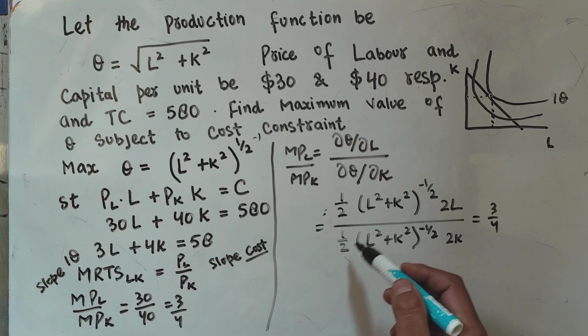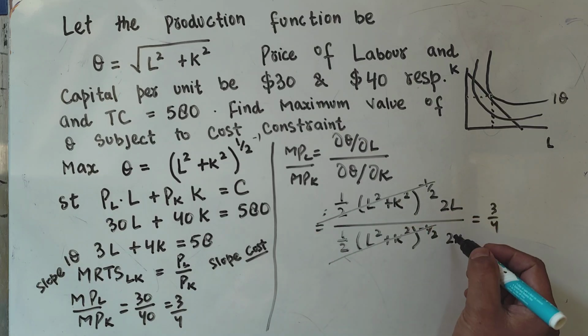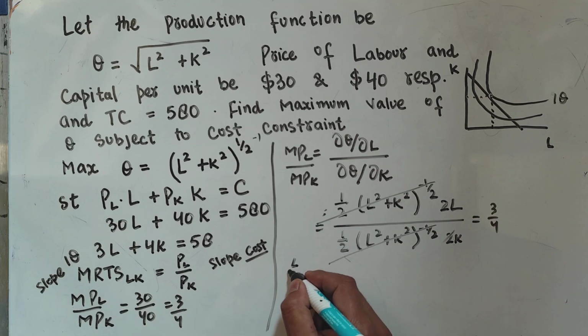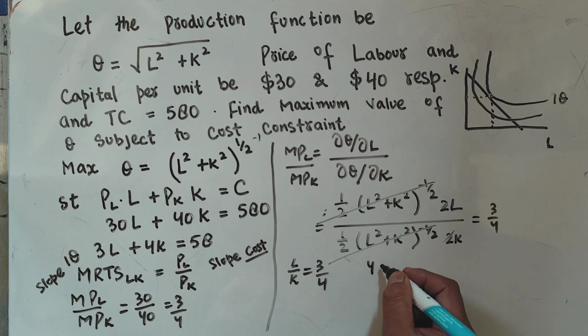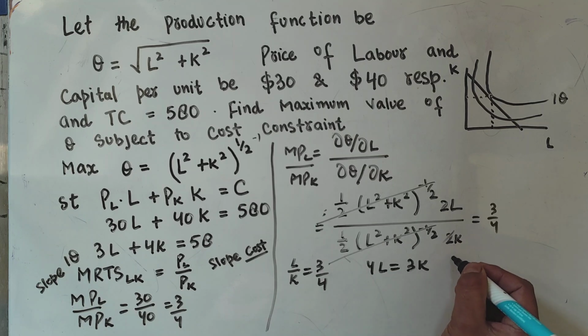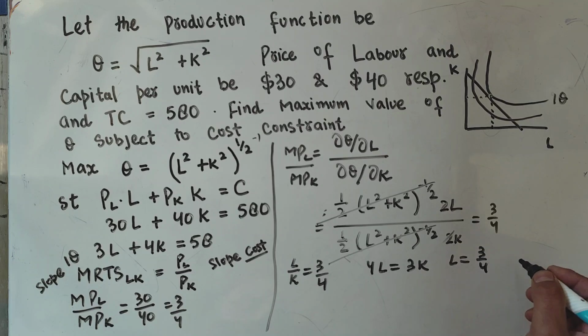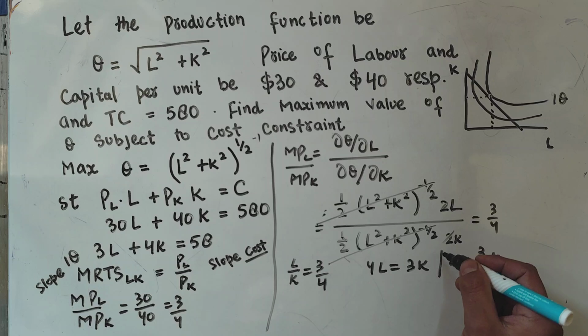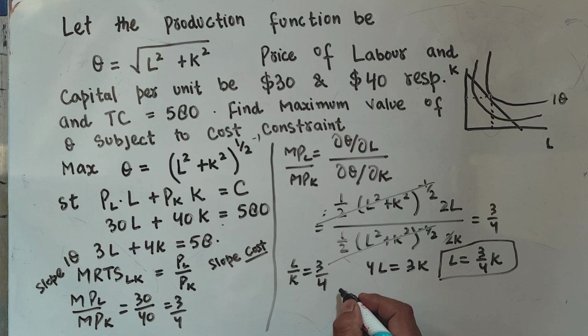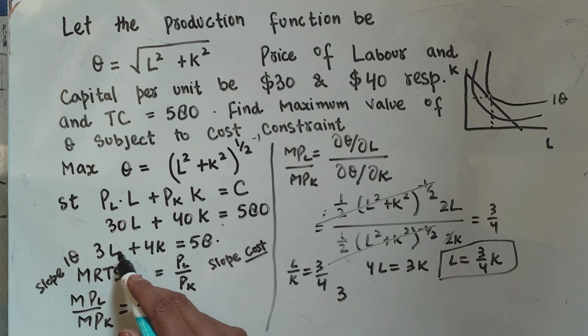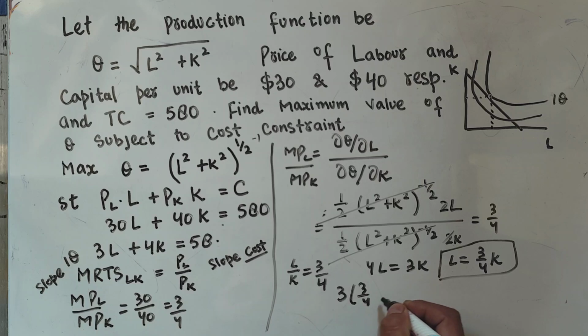So doing some cancellation here, the 2 gets cancelled, so L upon K is equal to 3 upon 4, or 4L is equal to 3K, or L is equal to 3 upon 4 K. Using this relation, we plug this value into the cost constraint, so we have 3 times the value of L, which is 3 upon 4 K, plus 4K, and it should be equal to 58.